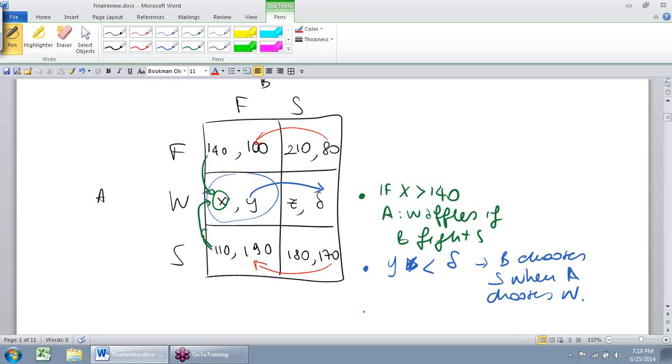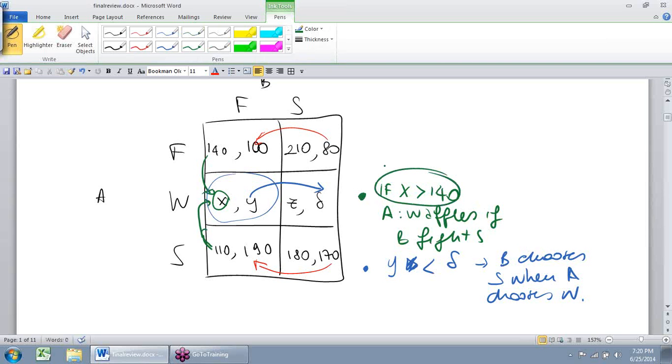Okay, so yes, Varun, whatever number, you have to assign a number. So any number greater than 140 for X is fine, okay? So yes, Svetlana, the green point here is that X must be greater than 140.